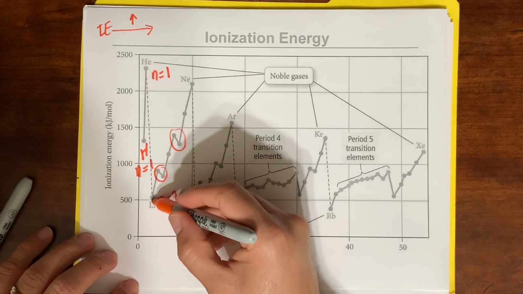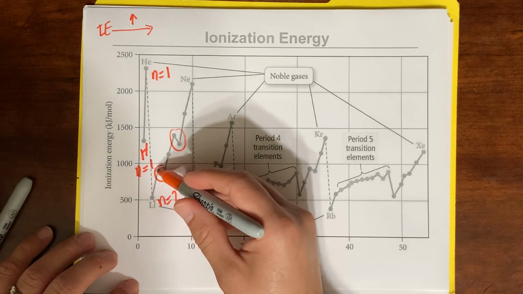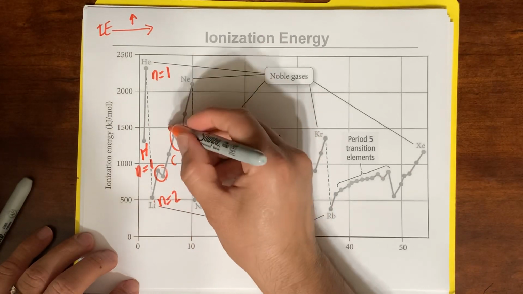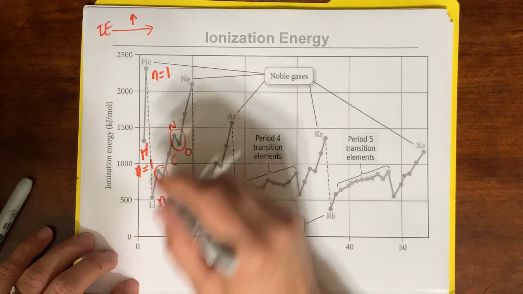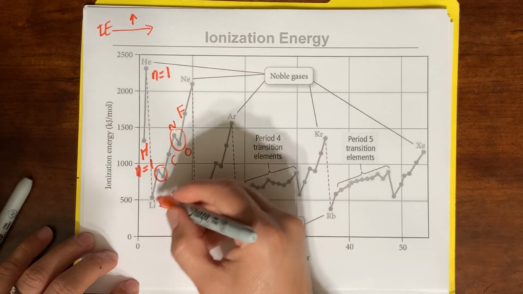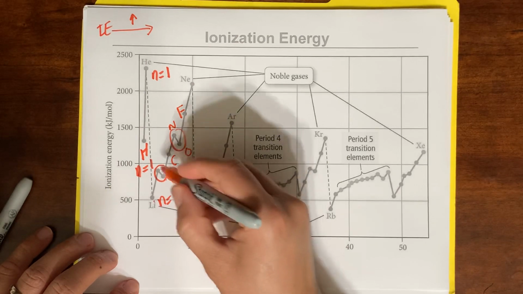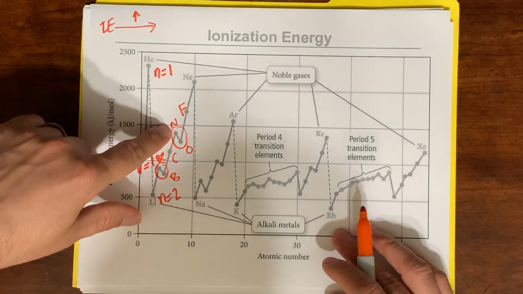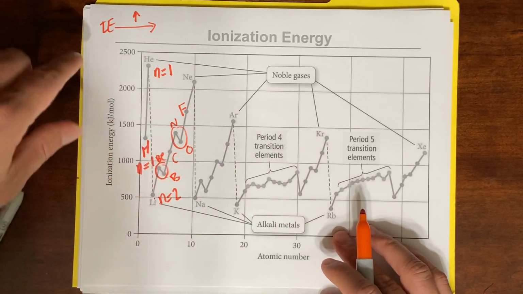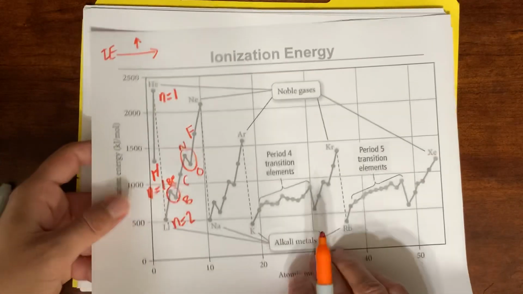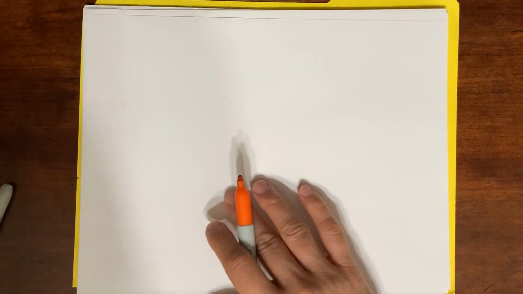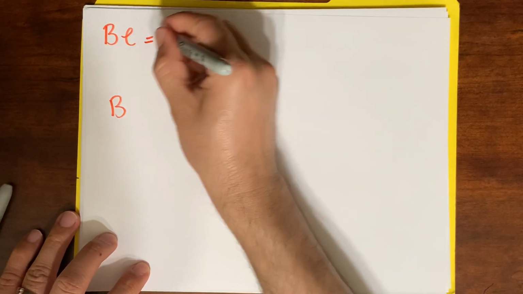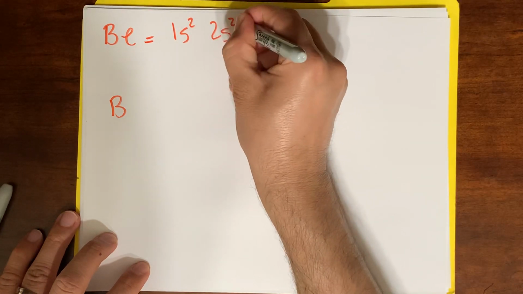This one belongs to lithium, and then you have beryllium and boron. This is carbon, nitrogen, oxygen, and fluorine. So this one is lithium, here it will be boron, and that one is beryllium. Let's talk about this too. I already talked about nitrogen versus oxygen, but this too. You have 1s2, 2s2.